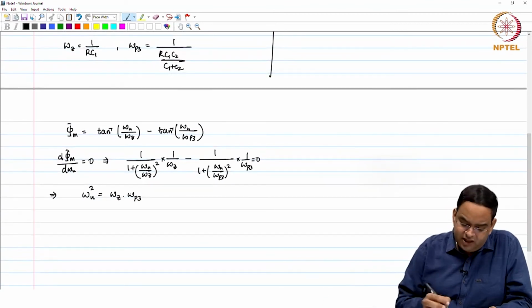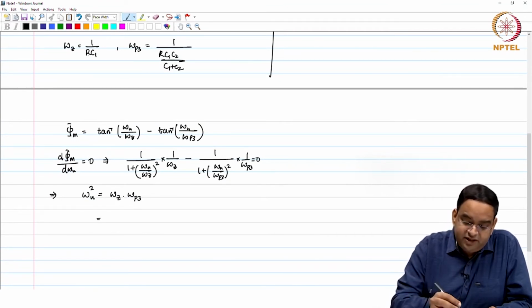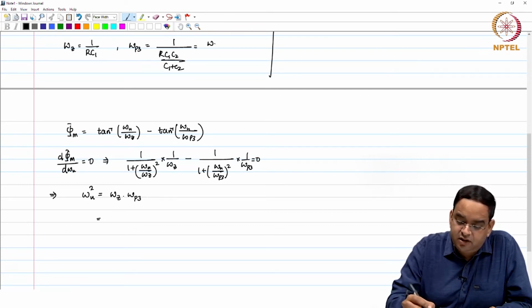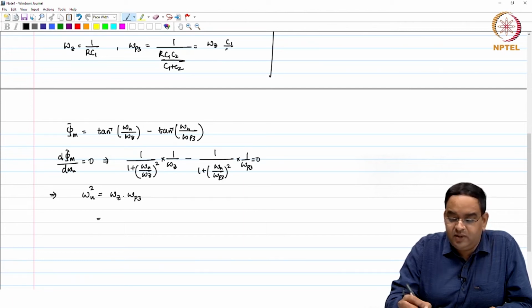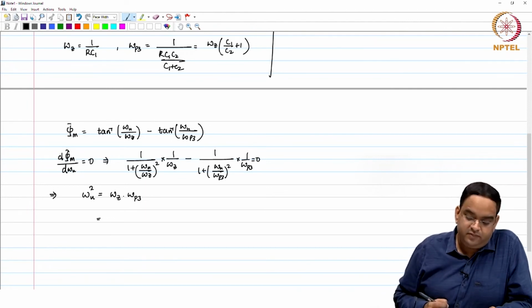Okay. Now, let us look at it. What does it reflect? That you have omega z, which is 1 over R C1. I can also write this omega p3 as omega z times C1 by C2 plus 1. Okay.